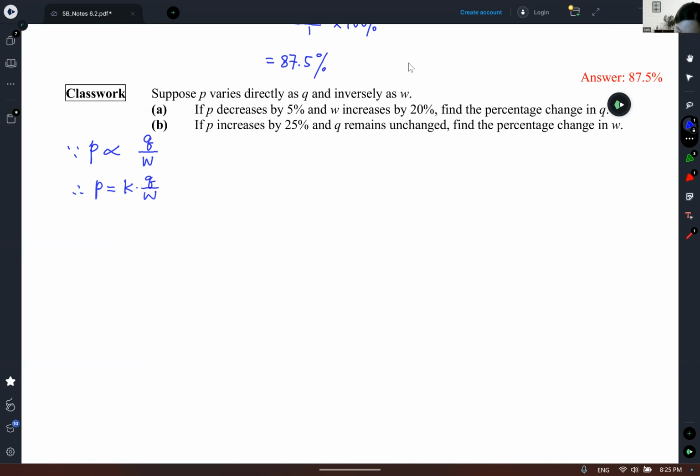Okay. For part A, if P decreases by 5% and W increases by 20%, find the percentage change in Q. Now, in this case, if I want to find the percentage change in Q, I better make Q the subject. So instead of using this formula, I'm going to use this formula.